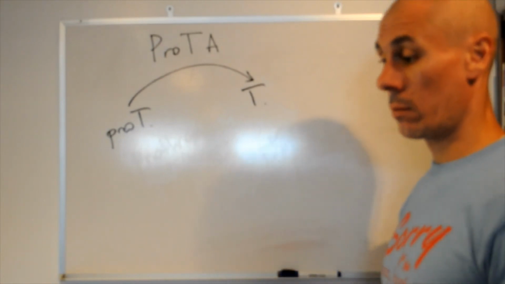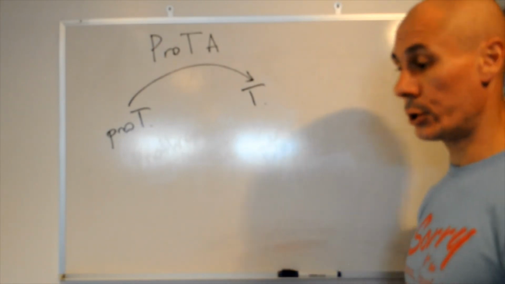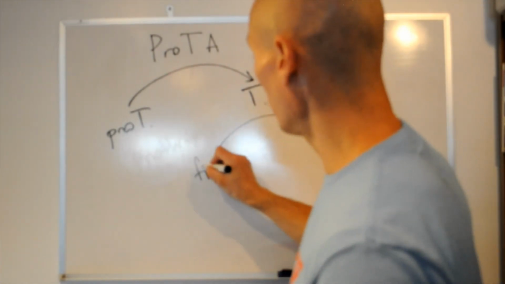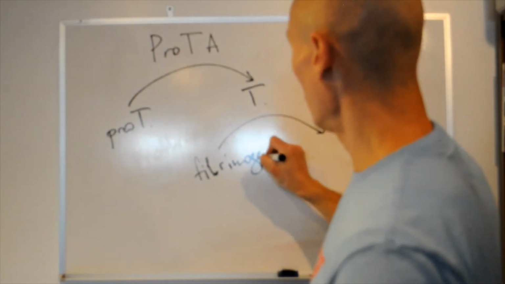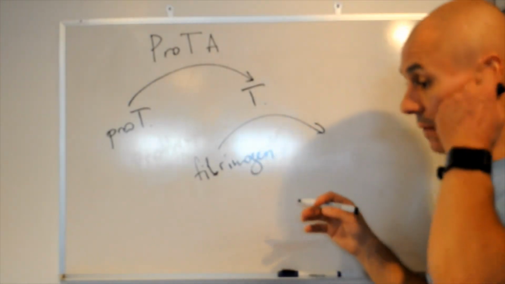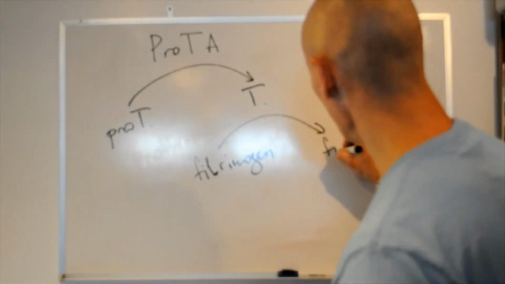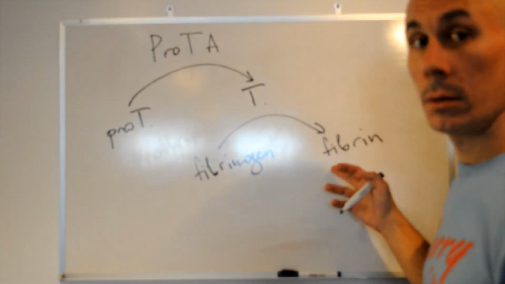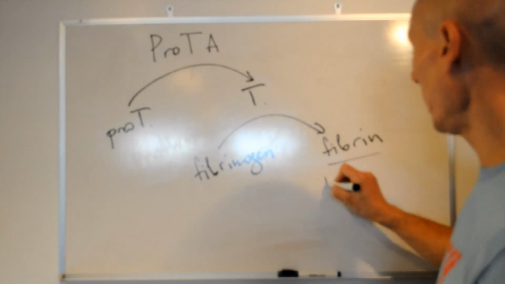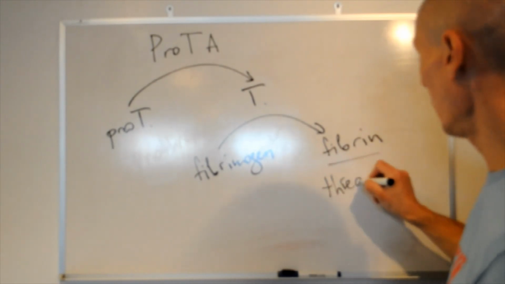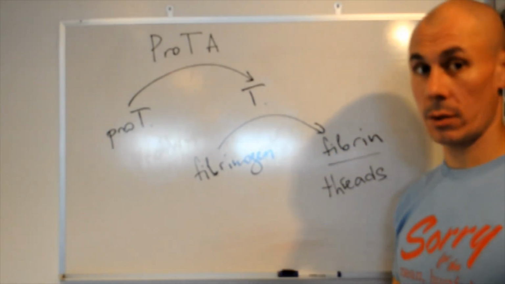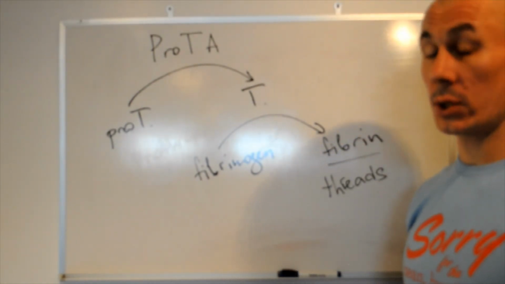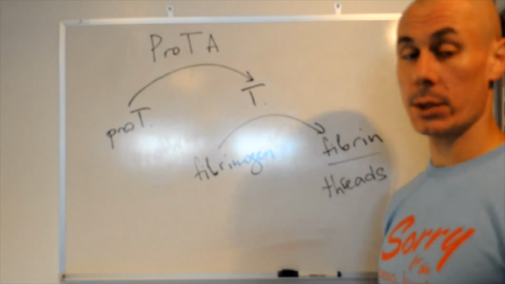And thrombin, sometimes called coagulation factor 2, activates fibrinogen that, when activated, forms fibrin. And this fibrin here, those are essentially threads that reinforce the clot formed by platelets in the first place. They hold the platelets all together.